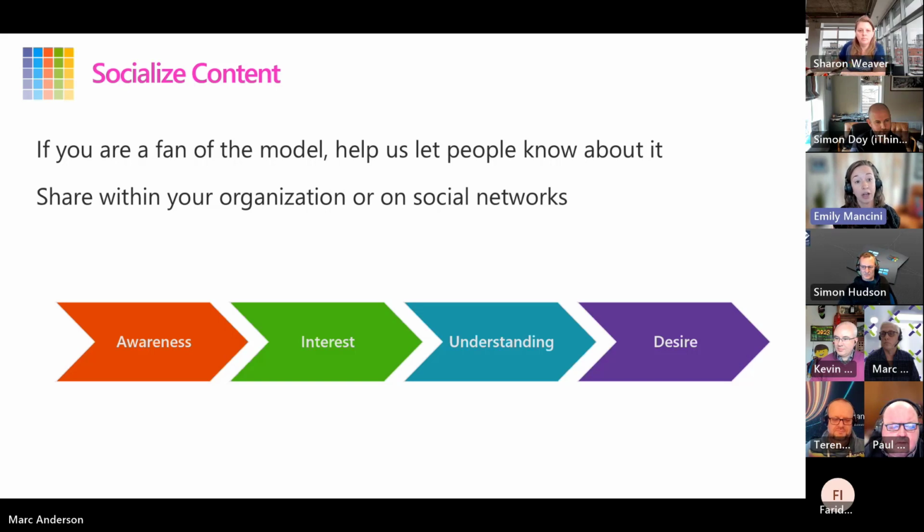So us socializing this model, of course, then also brings other community members who may be interested in contributing to it as well. So we really appreciate any time you can help us raise awareness around this, as well as some of the understanding and expand who's in these sessions as well. So in these practitioner sessions, we can have really rich conversations around these different topic areas.